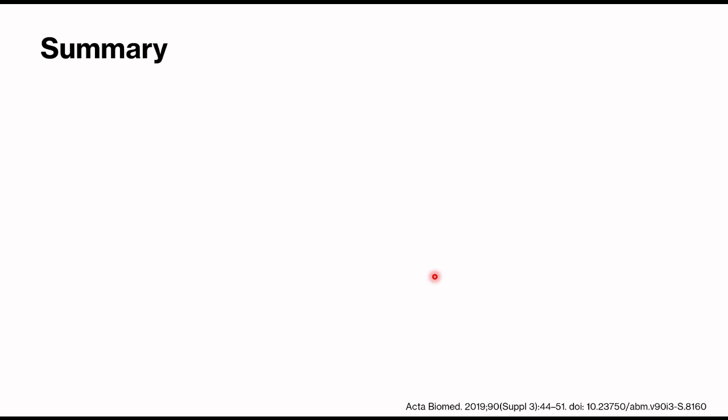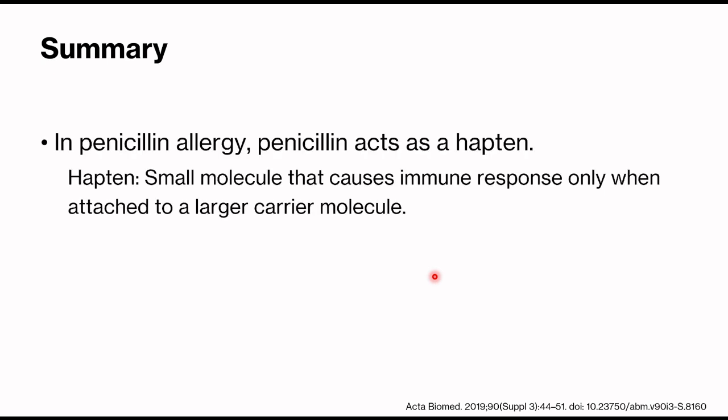Okay, and to summarize the most important points, in penicillin allergy, penicillin acts as a hapten, and here is again what hapten is. So it's a small molecule that causes an immune response only when it's attached to a larger carrier molecule, i.e. typically a protein.